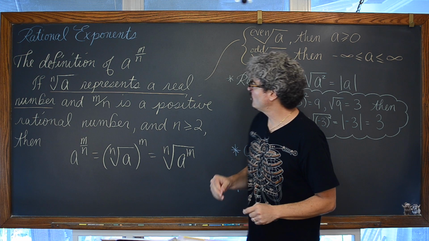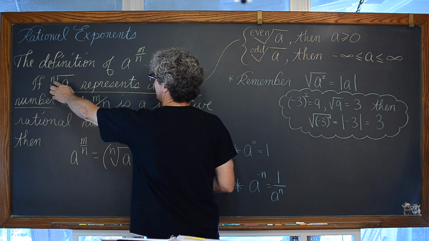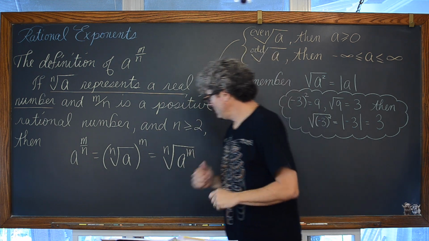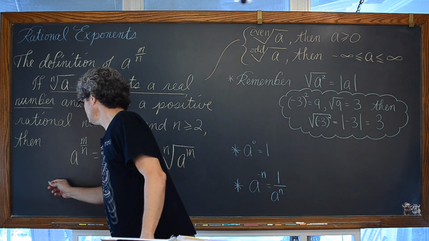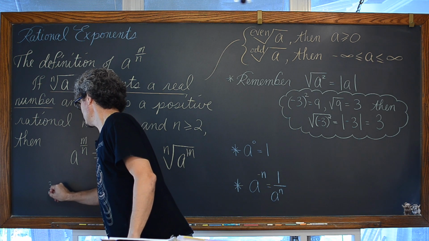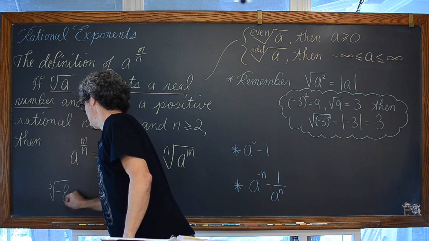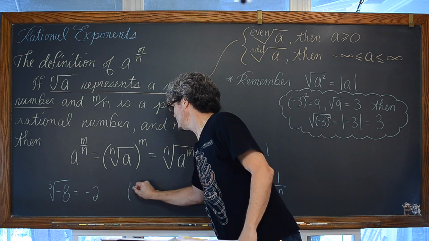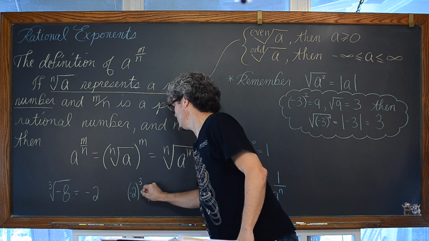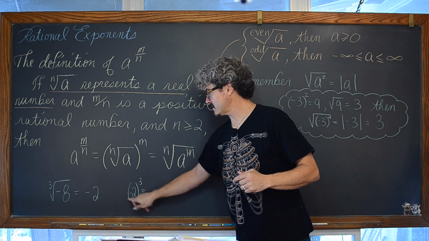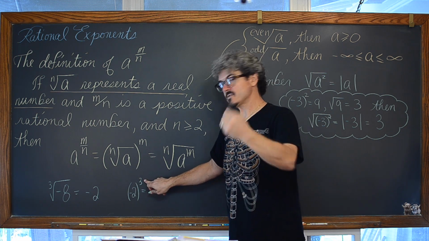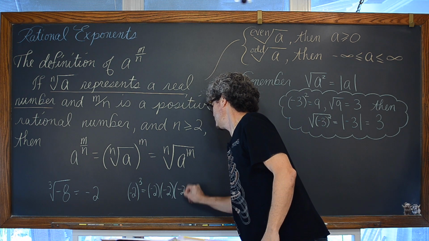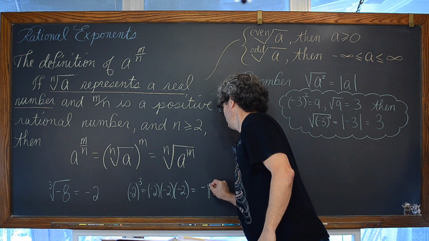Now, what does this mean here? Why are they including that the nth root of a represents a real number? You can take, say, the third root of negative 8 and say that that is equal to negative 2 because negative 2 raised to the third power, be careful to keep this negative inside a set of parentheses, is negative 2 times negative 2 times negative 2, which is negative 8.